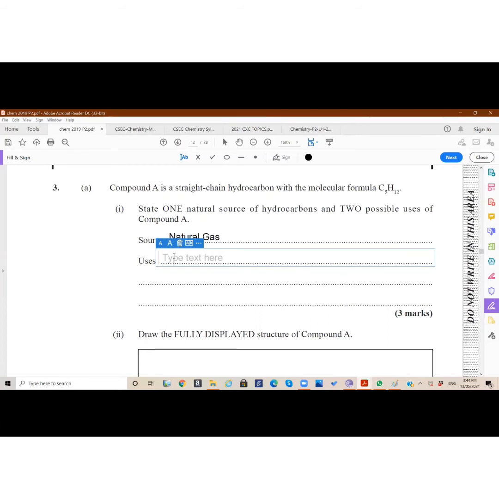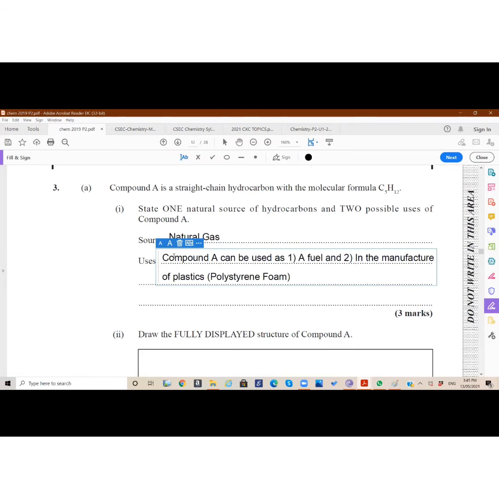As fuel. You can have fuel, so compound A can be used as one, a fuel, and two, pentane specifically can be used in the manufacture of plastics, polystyrene foam, which is Styrofoam, right?